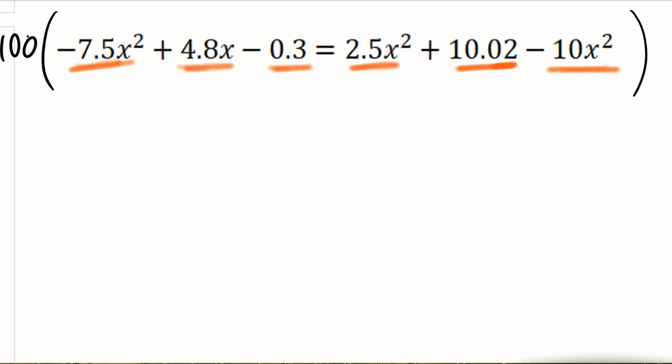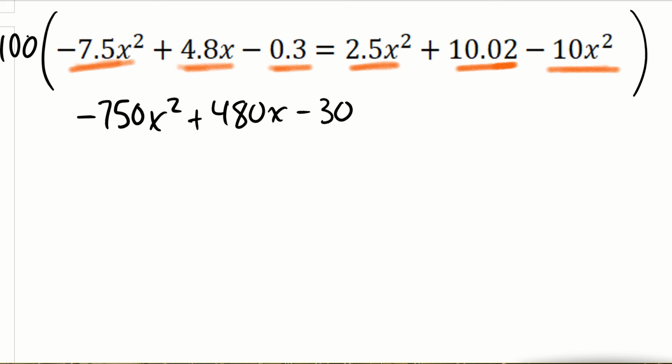When I do that, the first term on the left hand side becomes negative 750 x squared plus 480 x minus 30, because that would make 3 and then 30. Every single value got multiplied by 100.